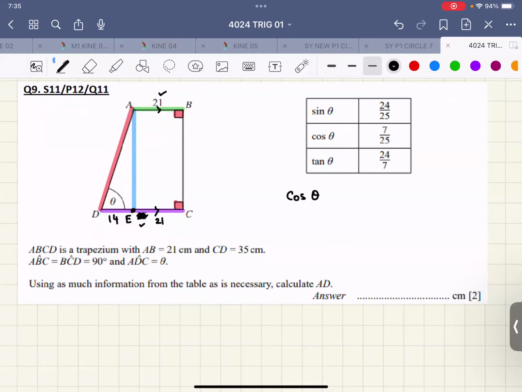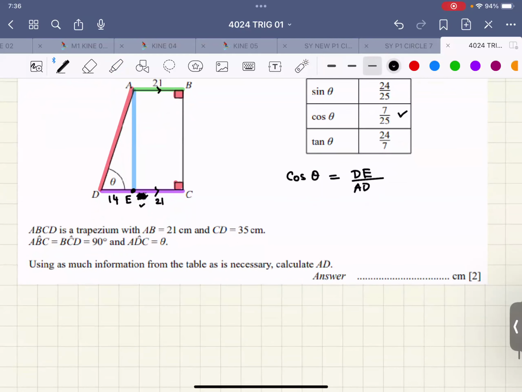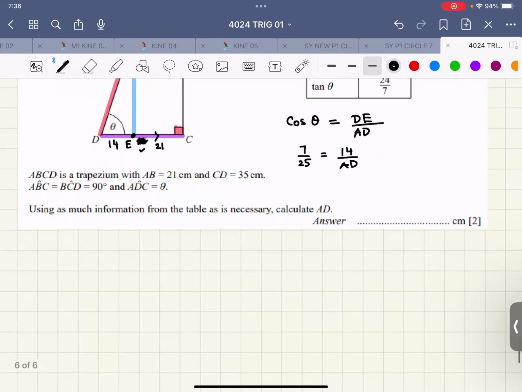So cosine of theta is equals to DE, I have labeled E myself, divided by AD. Cosine of theta is this one, 7/25. That equals to DE, which is 14, and AD is unknown. Therefore, make AD the subject.